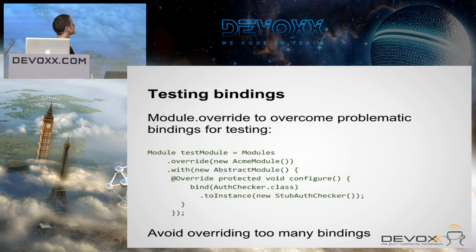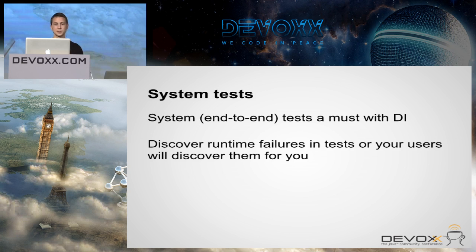It might look something like the sample code here, where you say you want to override this production module with this one binding, so we can stub out the auth checking. This will help with problematic issues where maybe you have a dependency on a service that's not available in your unit test. But it can also be a straitjacket over time, where if you have too many tests that are overriding different subsets of bindings, every time you want to change those production bindings, you need to go fix all the tests. So avoid doing this too much.